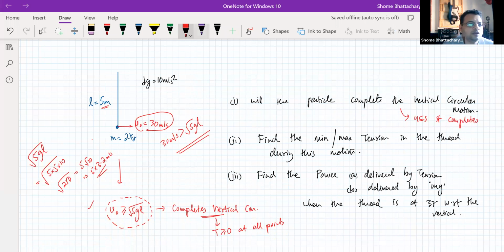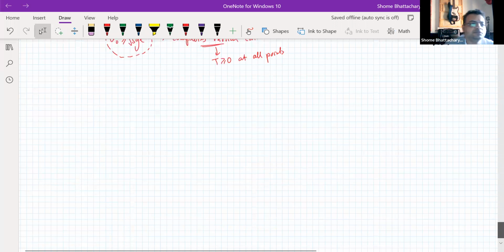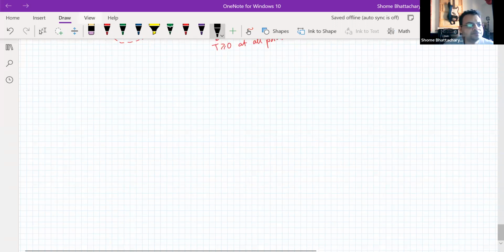Okay, so once we know that it completes vertical circular motion, we also know that maximum tension is at the lowest point, whereas minimum tension will be at the highest point, right?